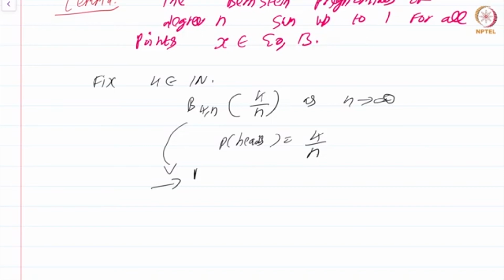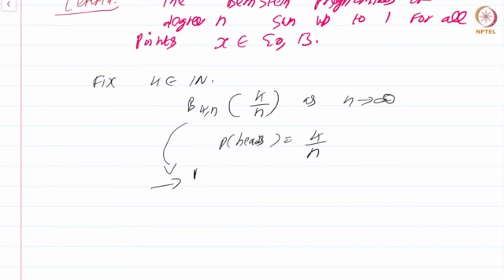But that merely says that if you take a coin whose probability of landing heads is k/n, and n is very large and you do n tosses, you expect the number of heads to be k. So b_{k,n}(k/n), as the number of tosses increases, must converge to 1.